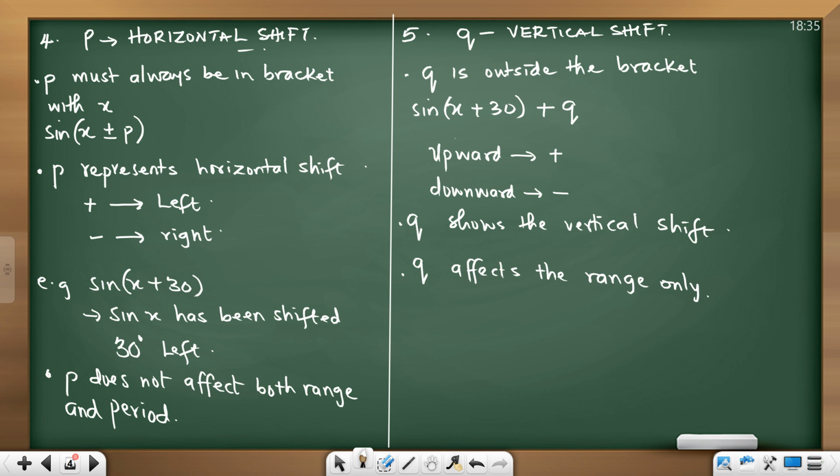The period of a tan graph is the distance between two asymptotes. Okay.